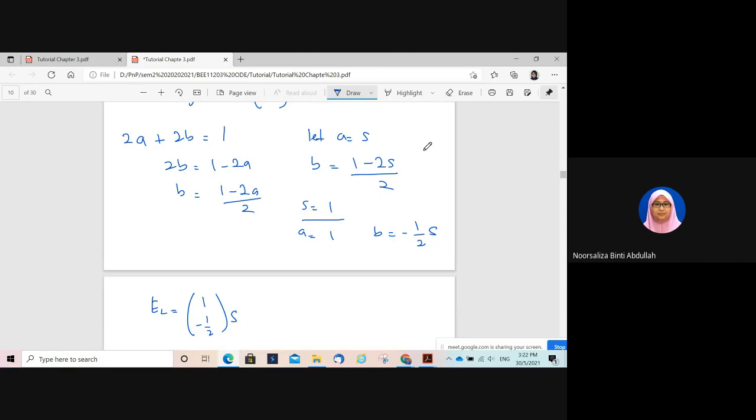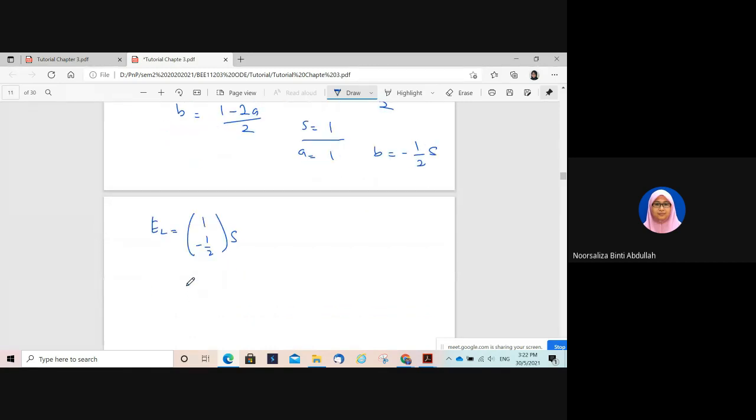Because you have this kind of equation, you replace S with 1 and you can simplify it. So E2 equals to this one.